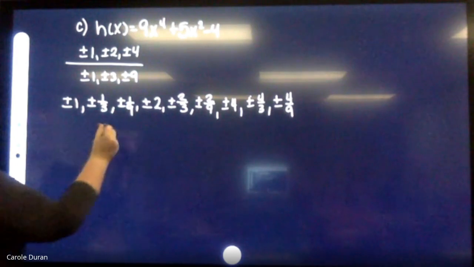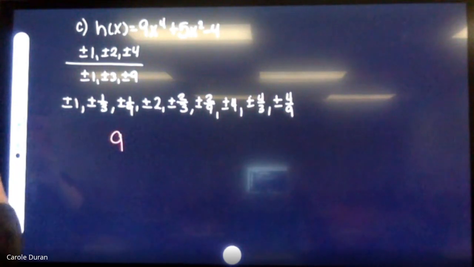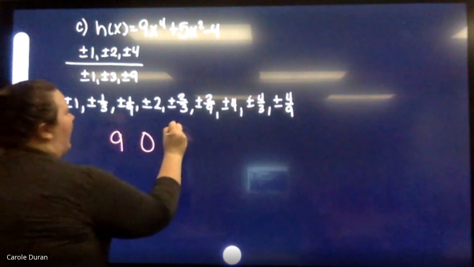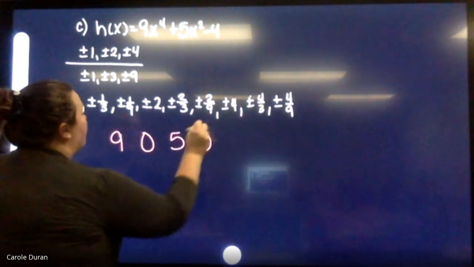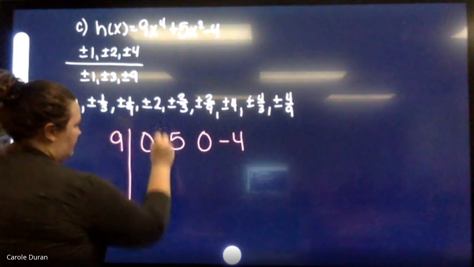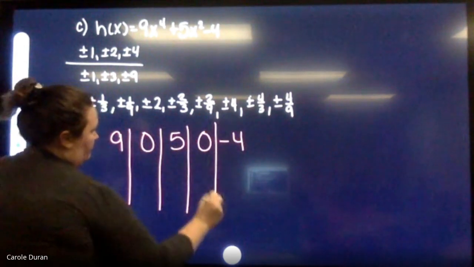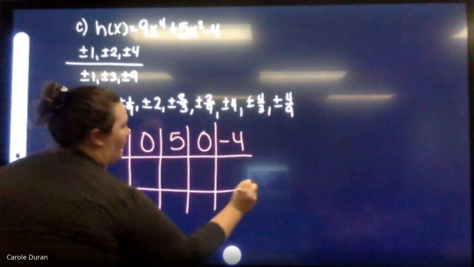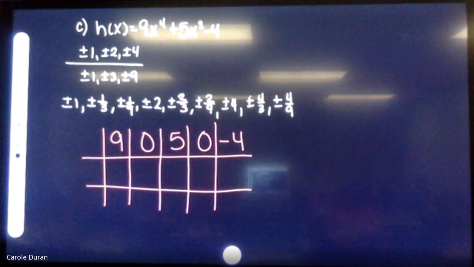So when I build my chart, I have 9 for x to the 4th. I did not have an x cubed, so I put a 0. I had 5x squared. I did not have an x, so I put a 0. And then -4 was my constant. We set up our chart.